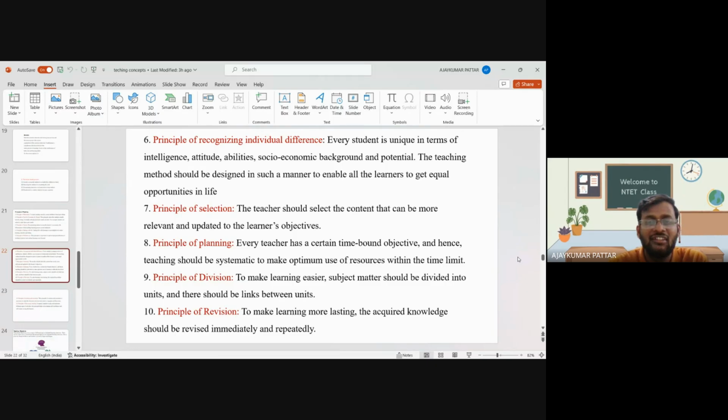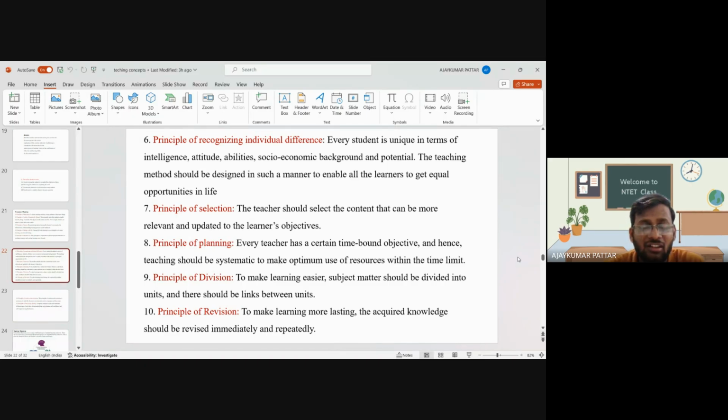Then the principle of selection. The teacher should select the content that is more relevant and updated to the learner objectives. This means whatever concepts we are teaching, the content we give should be specific and relevant to that topic and updated.